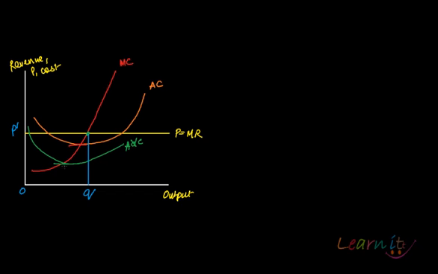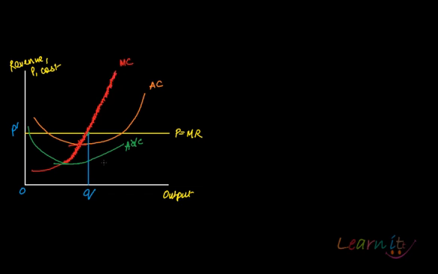I'll tell you why. This upward sloping portion of the MC curve, this portion, is the short-run supply curve of the firm.